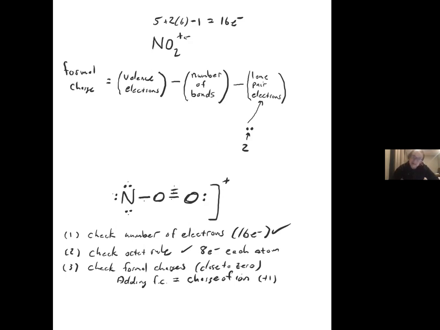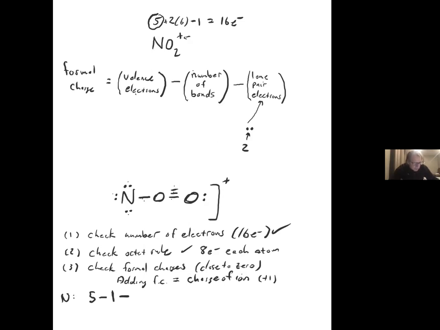So let's go through it. We're going to do each atom separately. Let's do the nitrogen first. What you do is you take the number of valence electrons. Nitrogen's in group 5A, so that's 5. Then you subtract the number of bonds, 1. Right? The nitrogen only has 1 bond. It's a single bond to an oxygen. Then you subtract lone pair electrons.